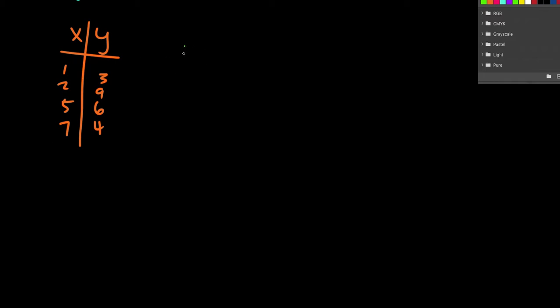So if we're talking about the domain, in this case, we're going to write it in set notation, and we just write all of our x values. So domain is x, once again, and so it's 1, 2, 5, 7. Okay, our range represents our y values. We write it in set notation, curly bracket, 3, 9, 6, 4.